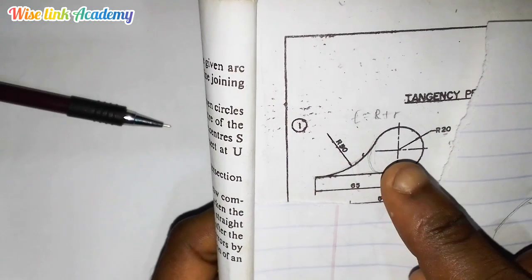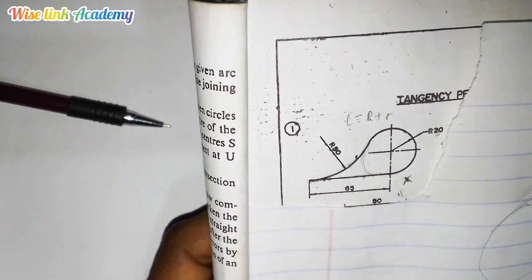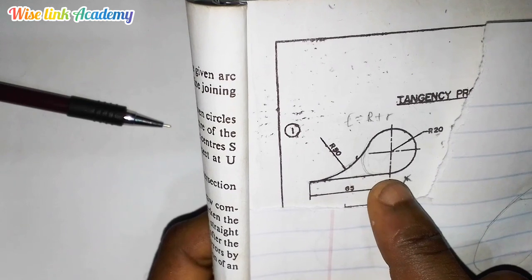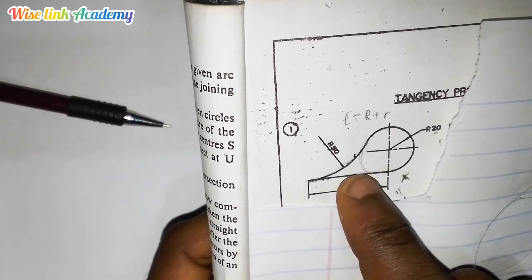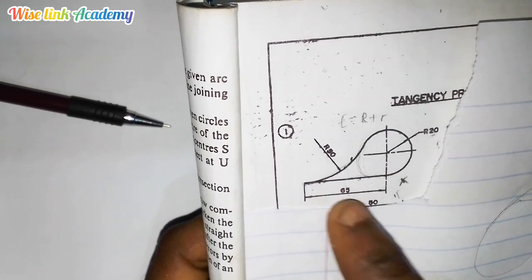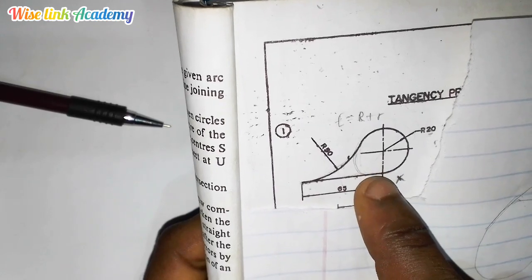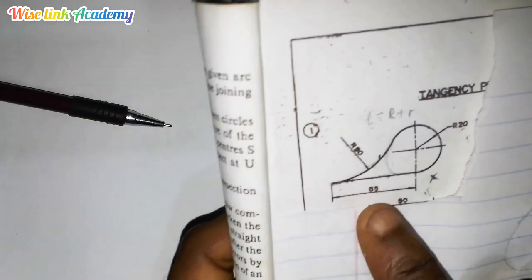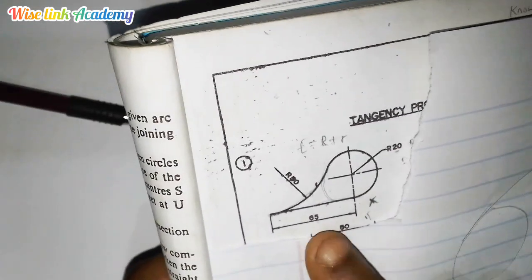What are we having again? We have successfully drawn this circle. The next thing we just need to do is to draw a line. They say that a line is tangential to this circle, of length 65. So you draw from the bottom of this circle, which is this one we're having here, a line of 65 millimeter.